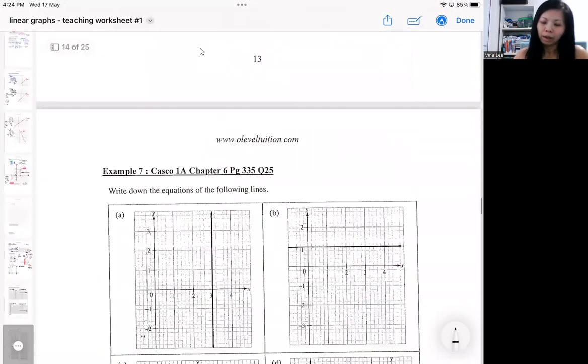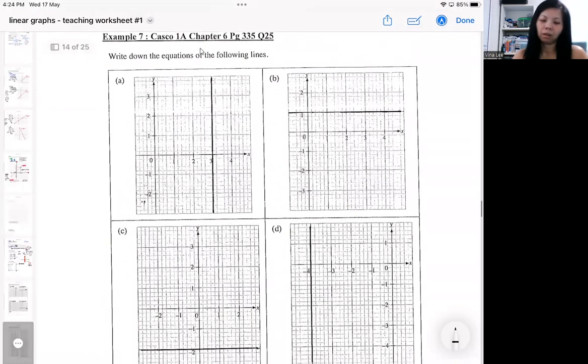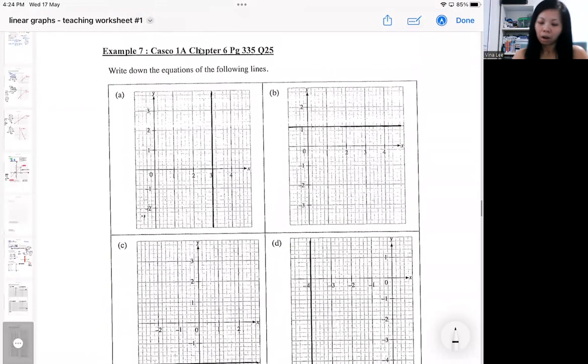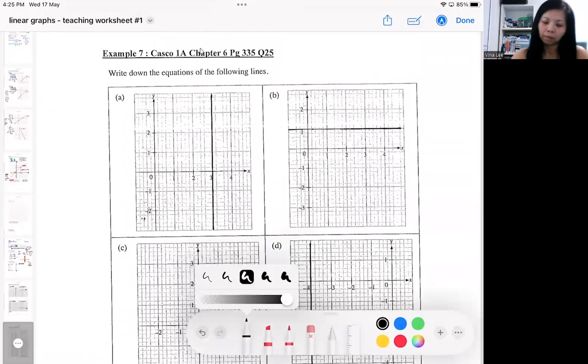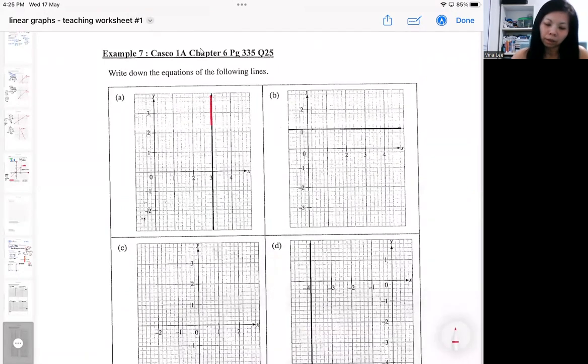Similarly, if you look at the line, you can also tell what the name will be. In this case, this is a vertical line and it's cutting at 3, so I'm expecting the name to be x equal to 3. And this is a horizontal line that cuts at 1, so I'm expecting the name to be y equal to 1.